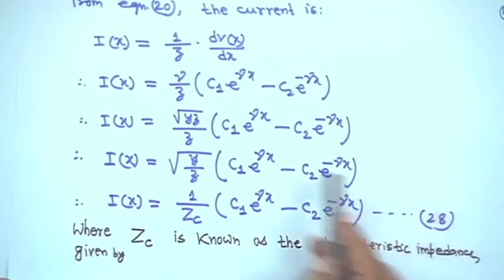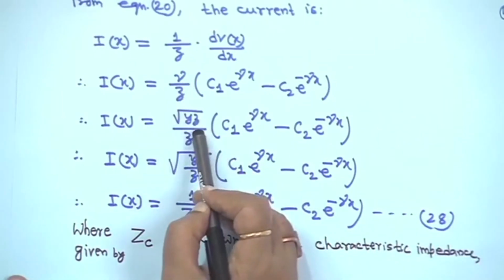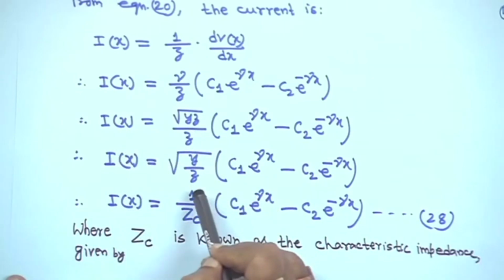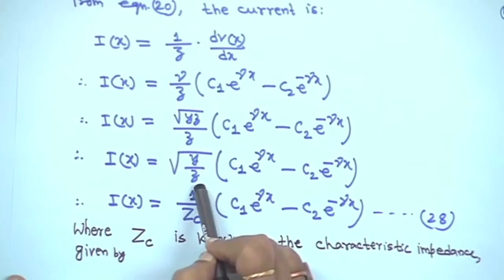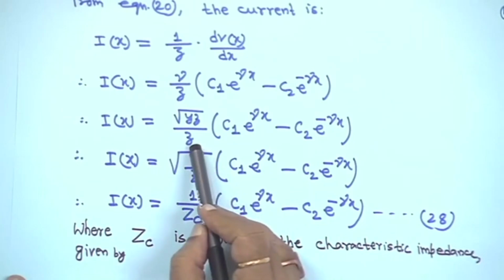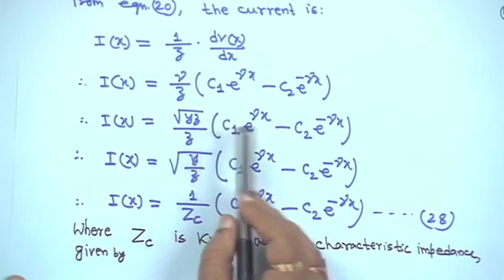Now, that γ = √(yz) we have just seen. Therefore, Ix = √(y/z)[C1 e^(γx) − C2 e^(−γx)], because one root z will cancel.